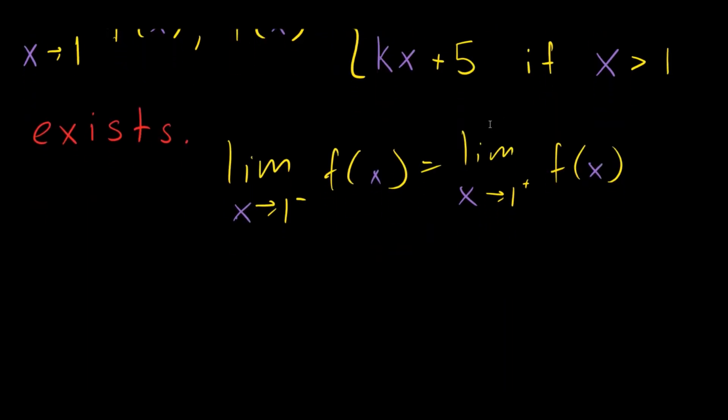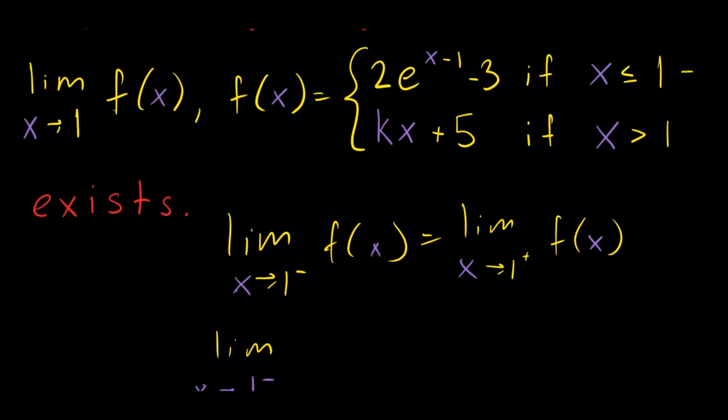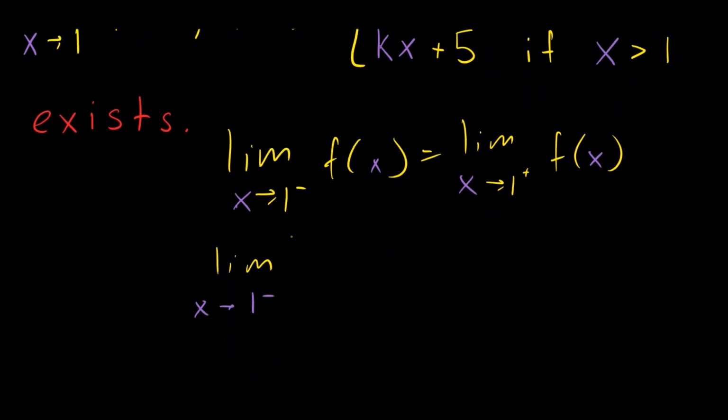So when we do that, we end up with the limit as x approaches 1 from the left side. I'll kind of write all that in purple there. And f from the left side is this f right here. So it would be 2e^(x-1) - 3. So that's a 2e^(x-1) and all that minus 3.